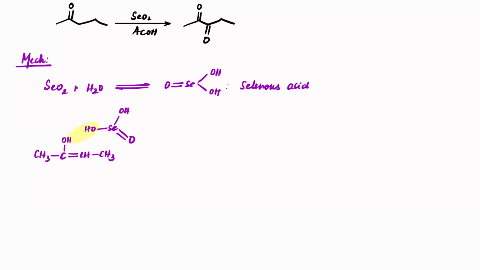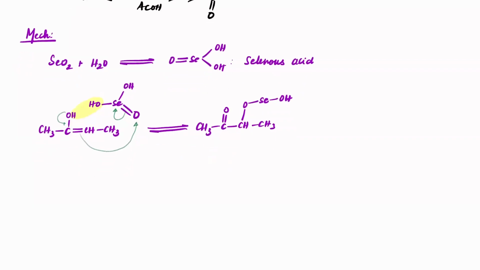You'll get this minus charge which can be pushed to make a double bond, and from this carbon it will connect onto oxygen, pushing this bond to selenium. Okay, so this is how the reaction takes place, and that will give us CH3-C(=O)-CH(CH3) connected to oxygen with selenium and one OH group still present on it.